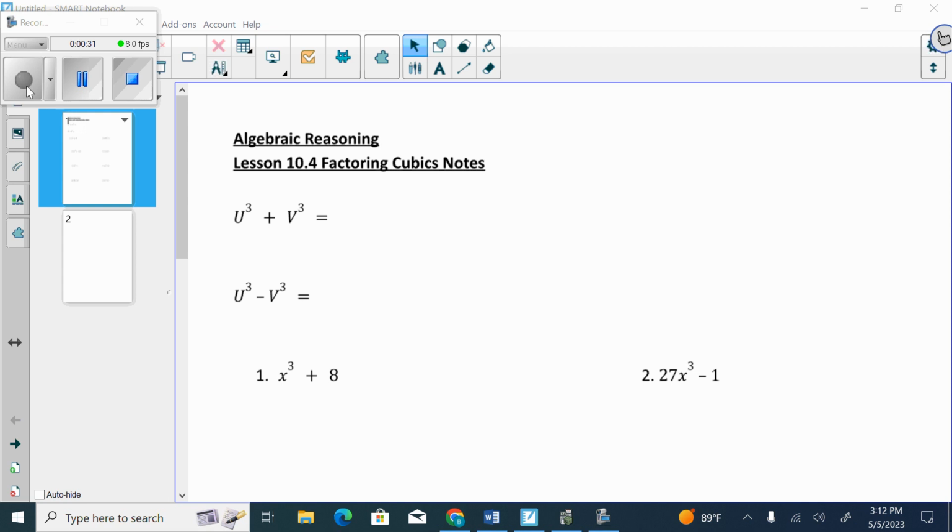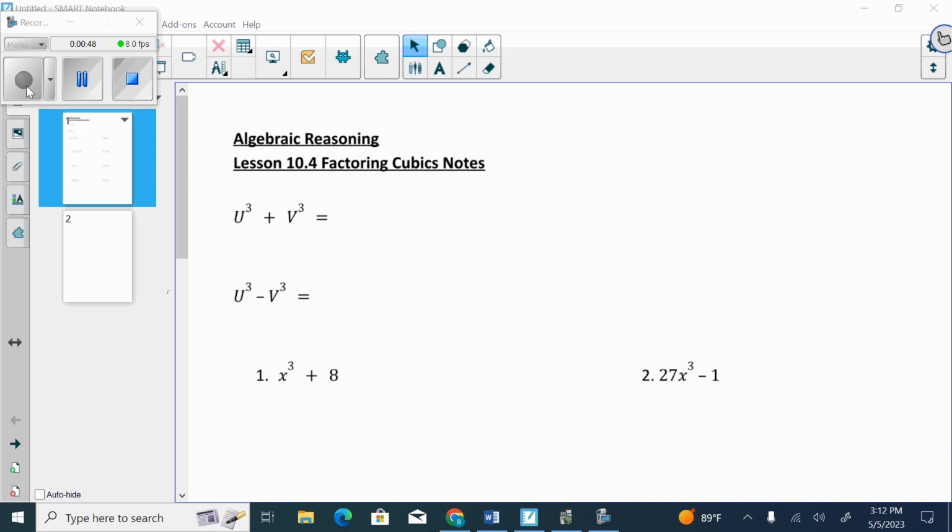So our first formula is if you have 2 things being added together. Make sure you copy the formula down exactly as I write it up here, because these 2 formulas are almost exactly the same. The only thing that changes is some of the signs.